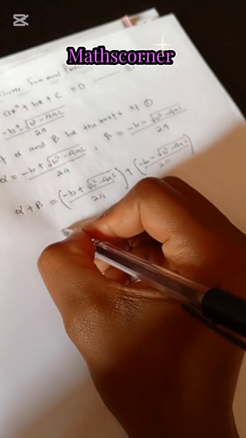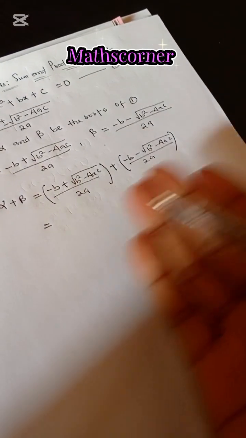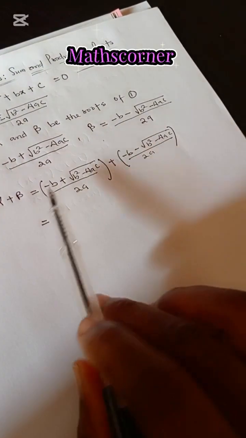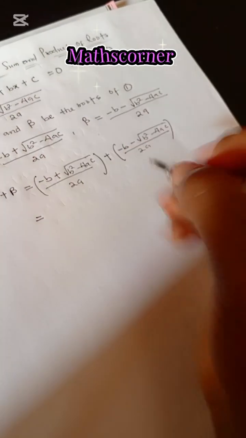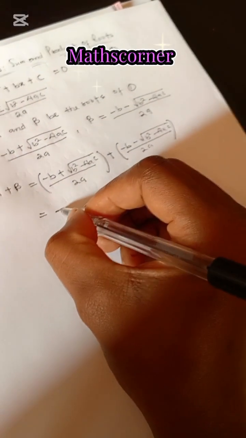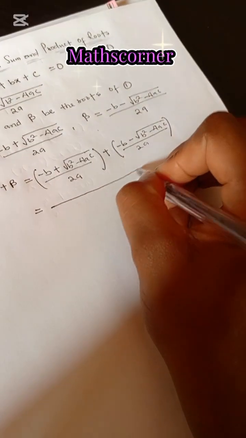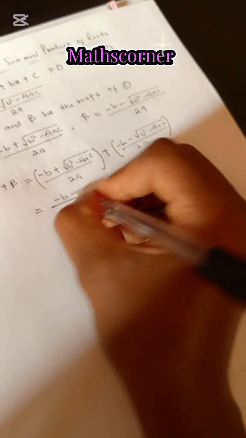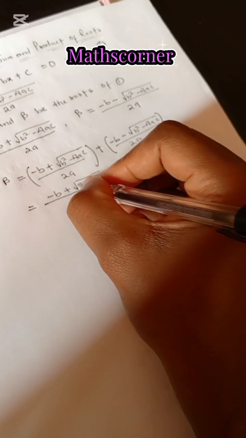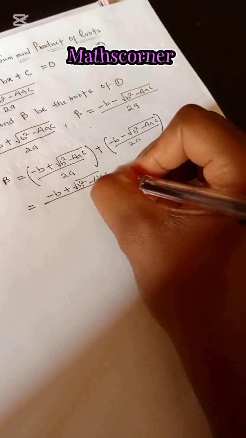This shouldn't scare you. It's very simple, just your normal addition of fractions. Whenever you're adding two fractions that have the same denominator, you always pick one. So you are picking one of the denominators, which is just 2a. We'll pick 2a and write it down here and just open the bracket. Just go ahead and solve everything that's here.